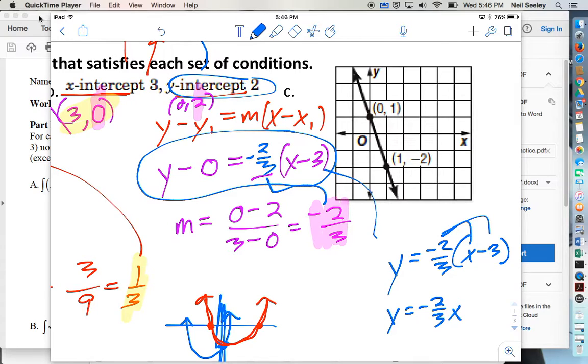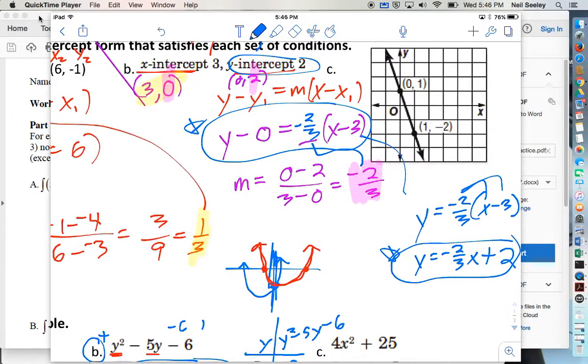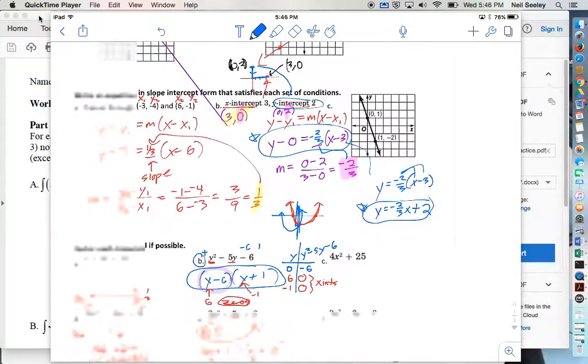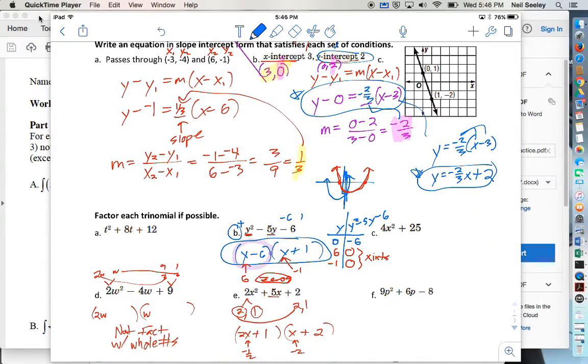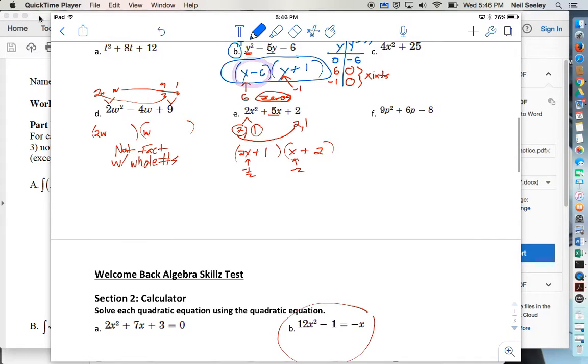A negative times negative is a positive, so it ends up just being 2. All right, so there is our nice form. However, both of these that I've circled are perfectly fine. It's just, what do you want it to look like for your purposes? That's what simplifying is. That's what rewriting equations is all about.